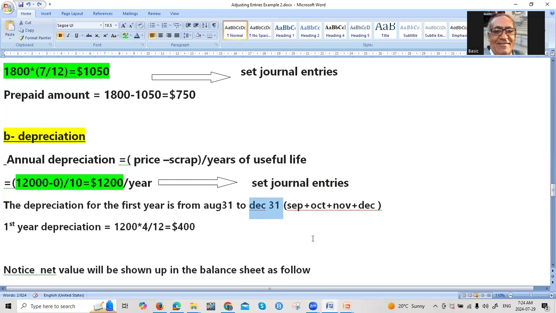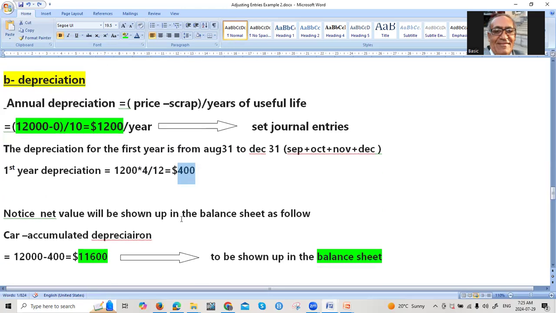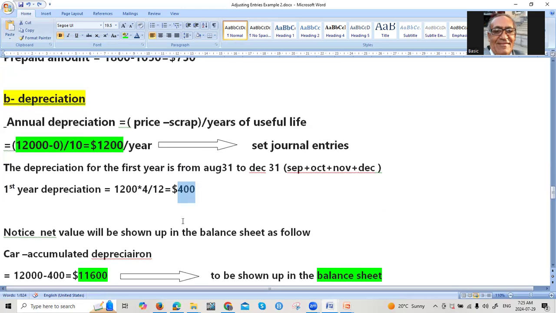So here I have September, October, November, December. We have 4 months. So the depreciation for the first year, in which I got the car, will be 1,200 multiplied by 4 months divided by 12. This is $400. But wait a minute. This is what belongs to the year.